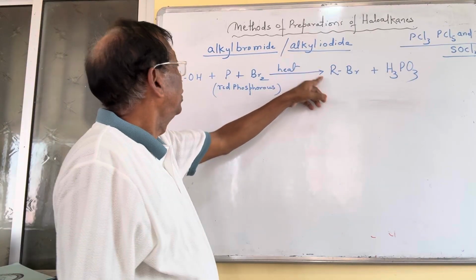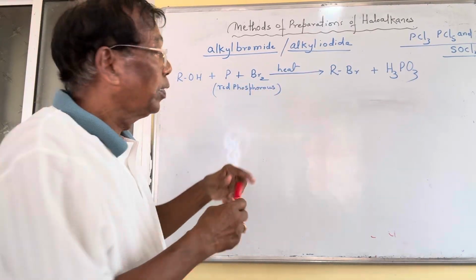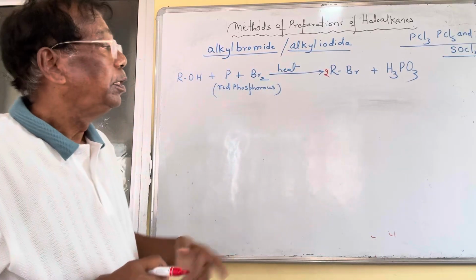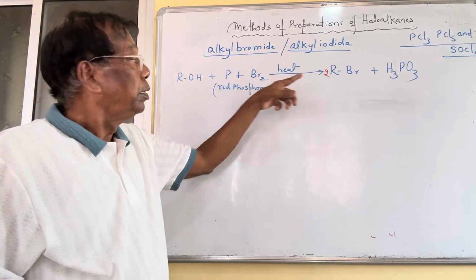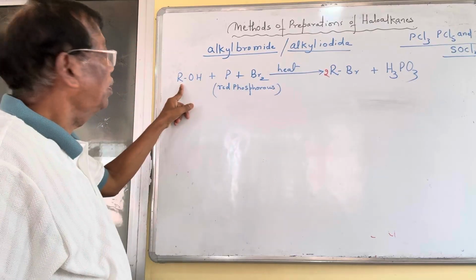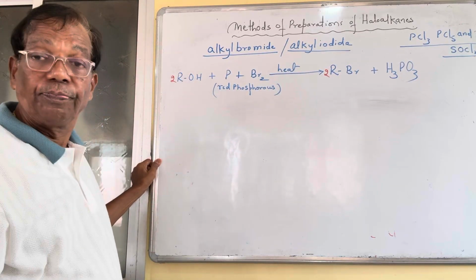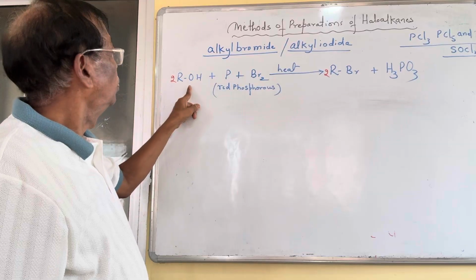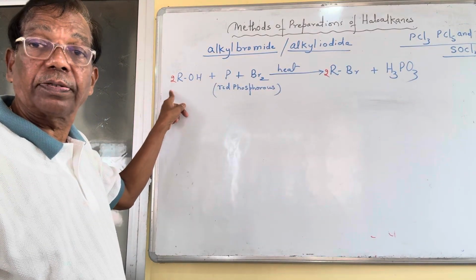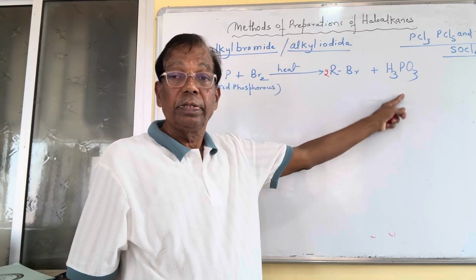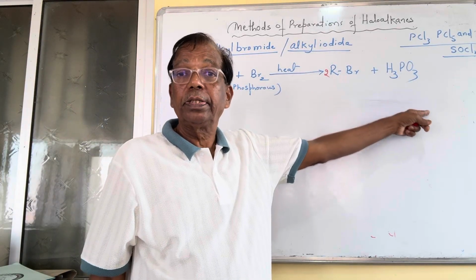Here, if I put this bromine 2, let's say, because this bromine is 2. If I put this 2, then R becomes 2 here. So I will have to balance this by putting RH2. Oxygen 2. See, when I put this R2, here oxygen becomes 2, hydrogen becomes 2. But here hydrogen 3, oxygen 3.